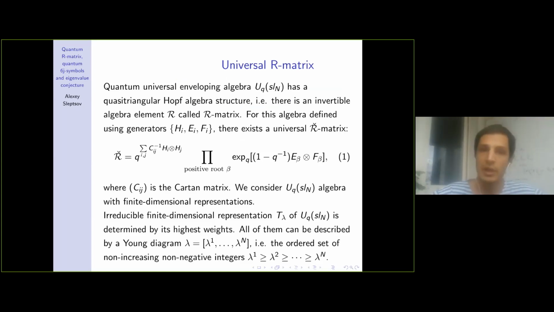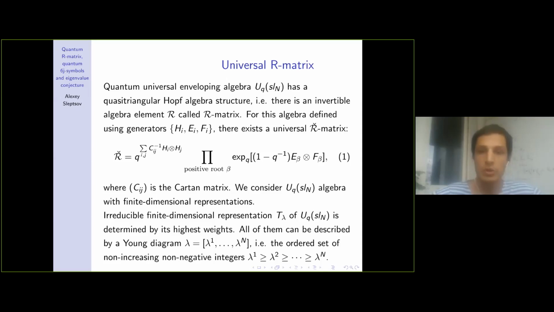So the quantum universal enveloping algebra of the Lie algebra SL_N has a quasi-triangular Hopf algebra structure. So there exists an R matrix, and for this algebra defined using standard generators, the universal R matrix is very well known and given by formula 1.